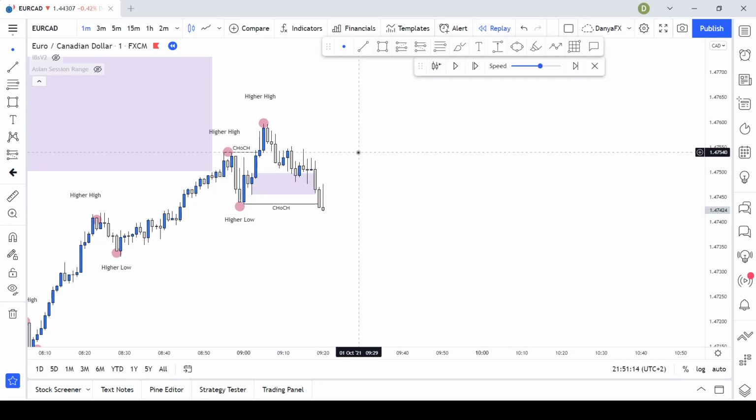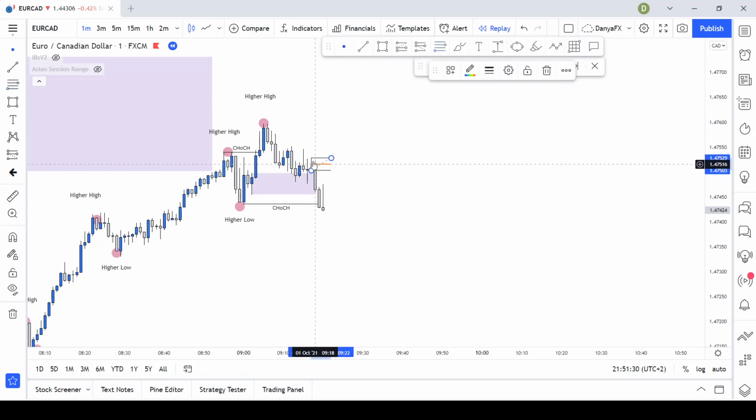So now we want to look for the supply that got the demand broken, that caused this big move to the downside. So this is here. This is our last candle before the bearish expansion.